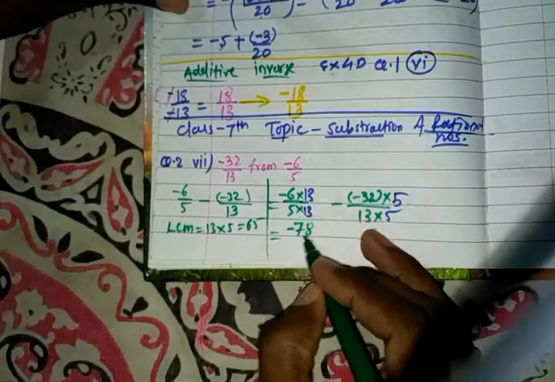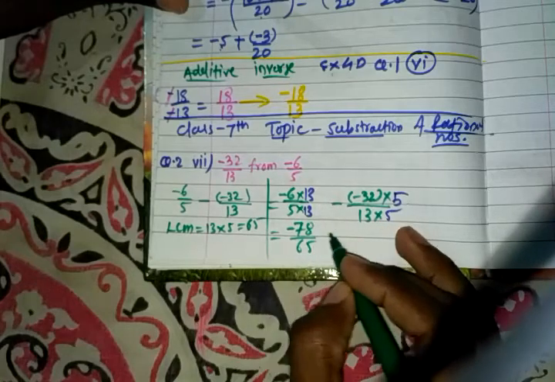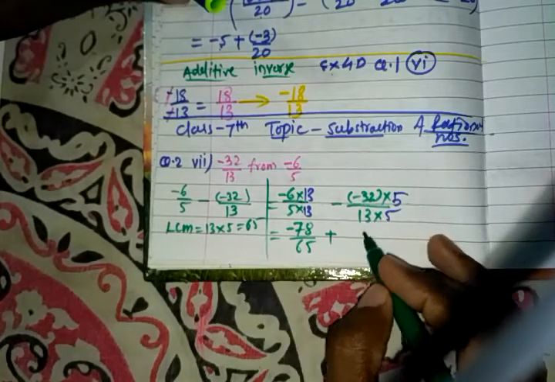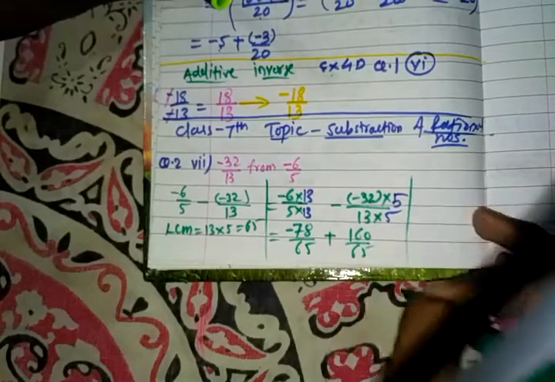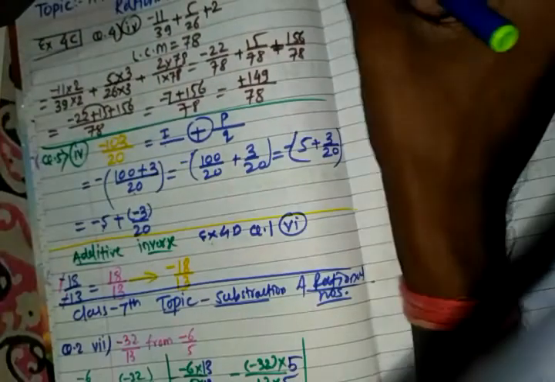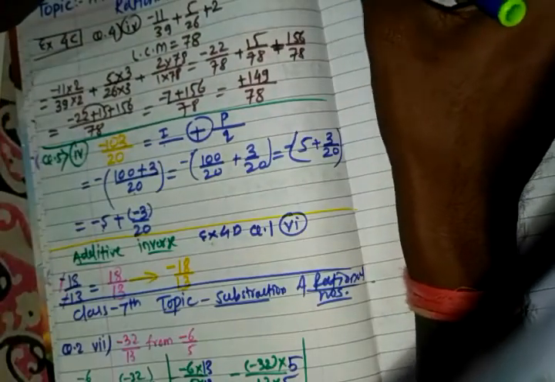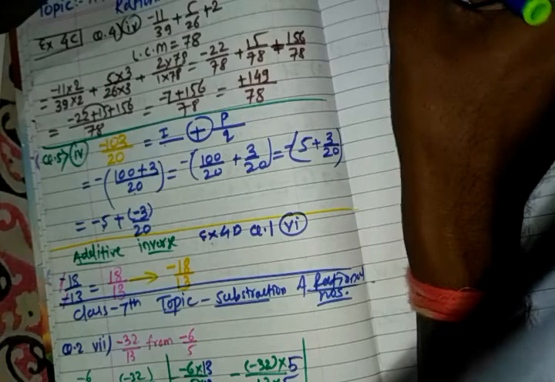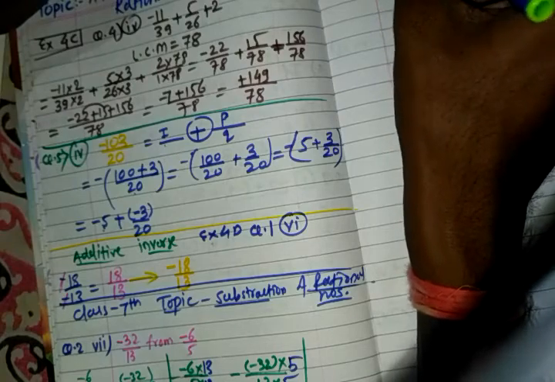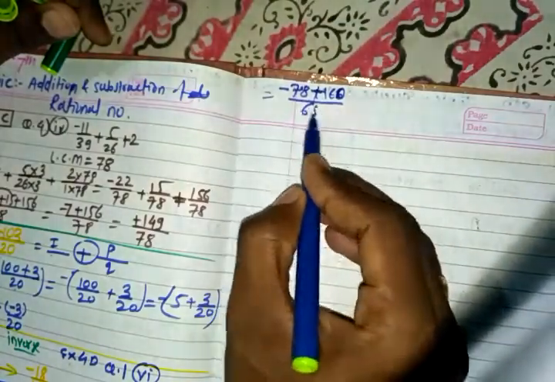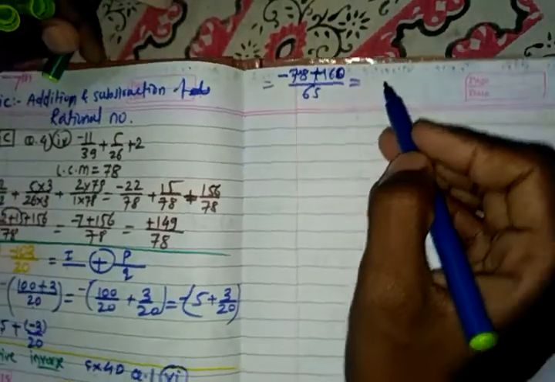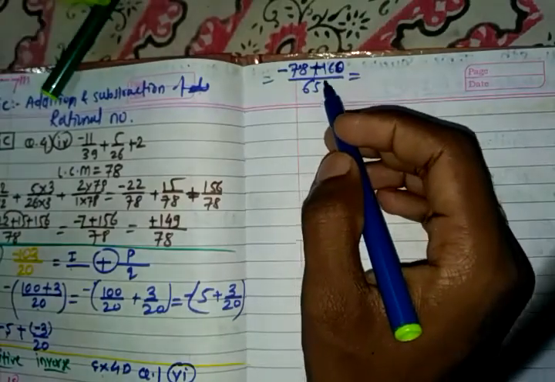So I would get minus 78 upon 65 plus 160 upon 65. Now I can take a common denominator. So I have written here minus 78 plus 160 upon 65. Now add this.